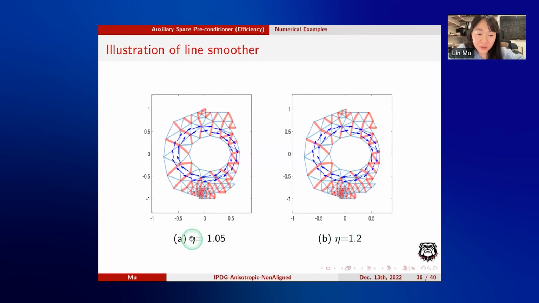If we choose a smaller one, we will actually have more paths in our path cover. But from the figure, we can see little difference between different values in the line path or the line smoother. We can also observe the numerical performance. They are similar. So for simplicity, let's only choose eta equals 1.2.